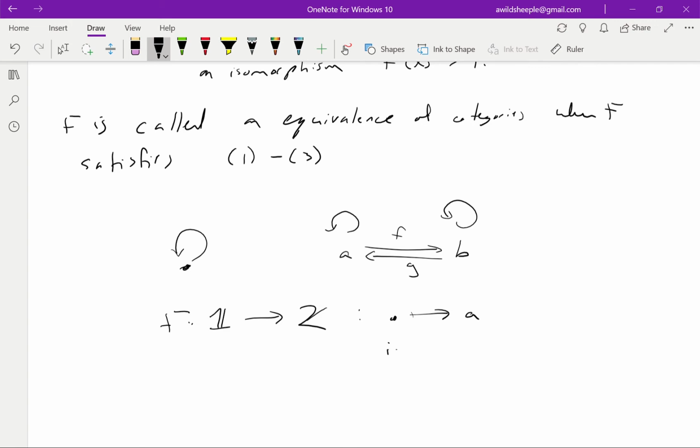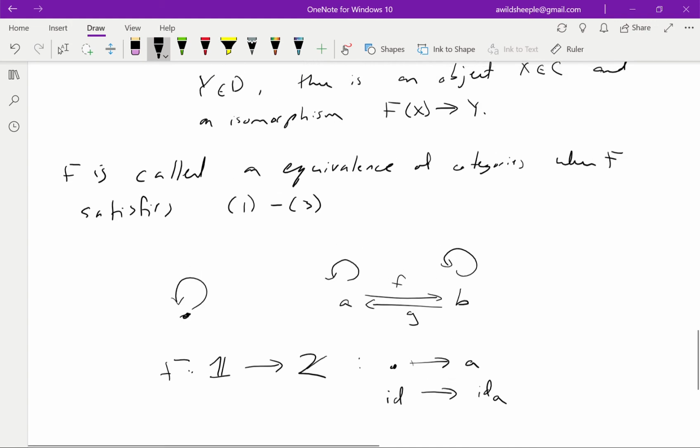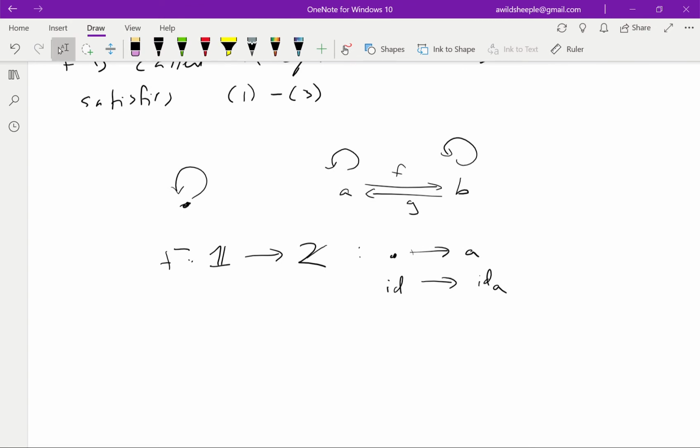So we take the only element, the identity on the dot, and send it to the identity on A. Now, as we said, this doesn't hit B, but we know that A is isomorphic to B. So already we see that F is essentially surjective.